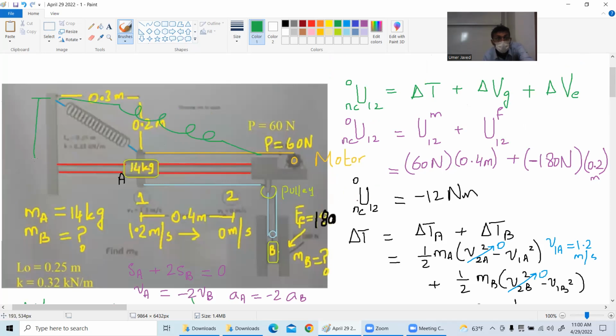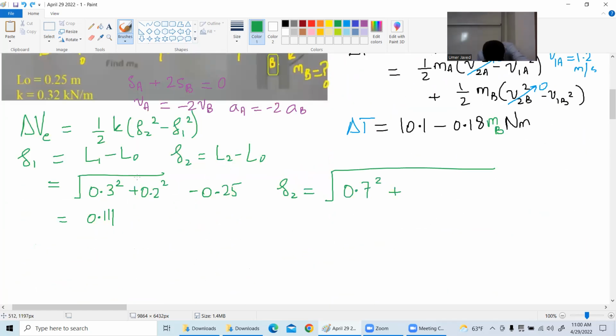The height will be still 0.2, but the hypotenuse will be, so it will be 0.7 square plus 0.2 square minus, so base square plus... something has happened to the paint, by the way. Okay, sorry, minus, oh, come on, minus 0.25 is the unstretched length. So delta 2 becomes, I don't know, anyone?